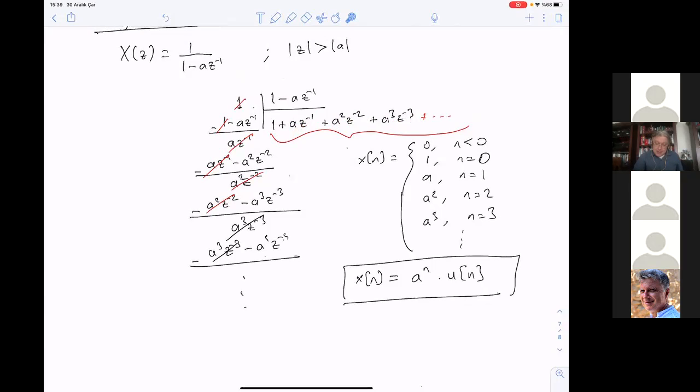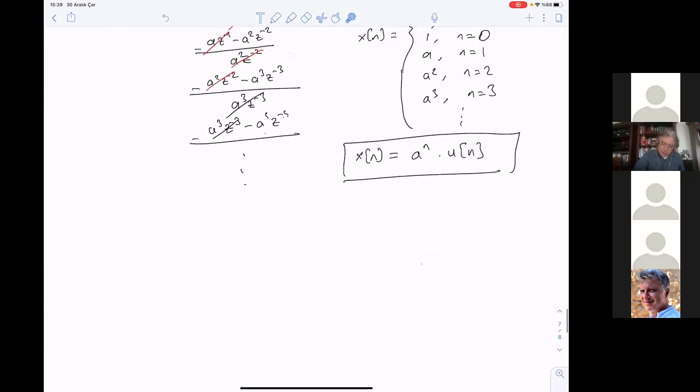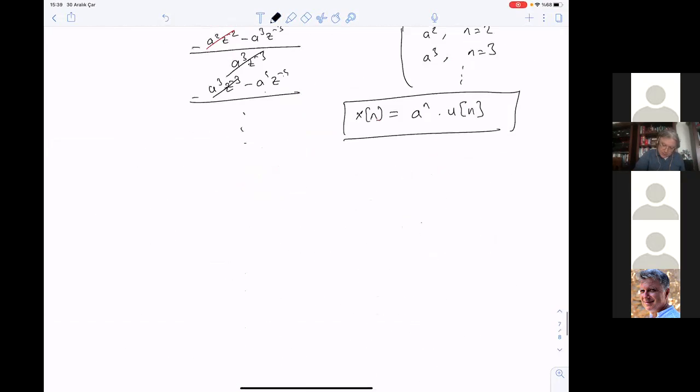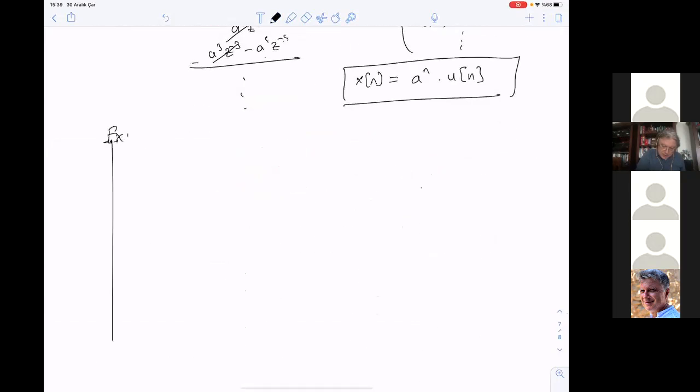If I'm looking for the solution for the same thing, the new example question is the same, but z in magnitude is less than a in magnitude.